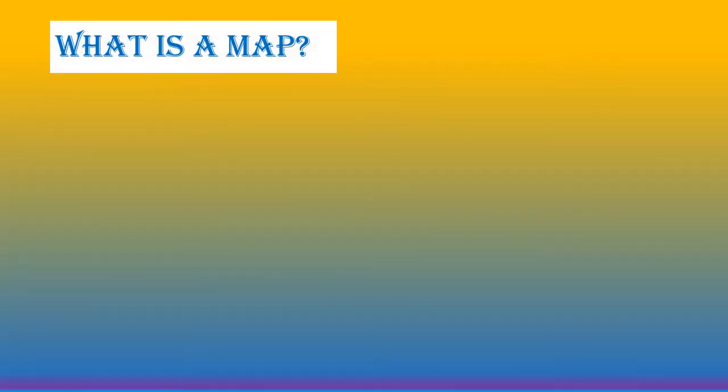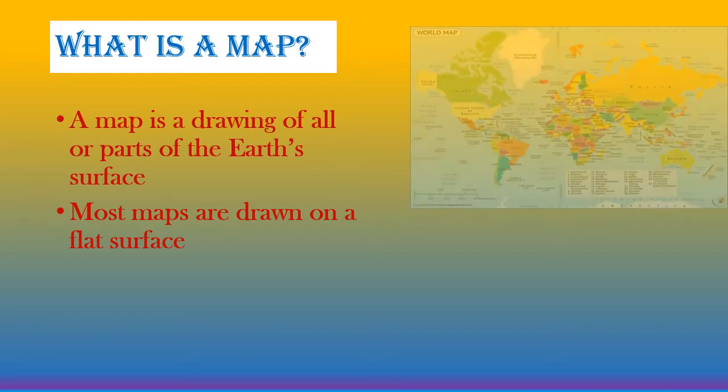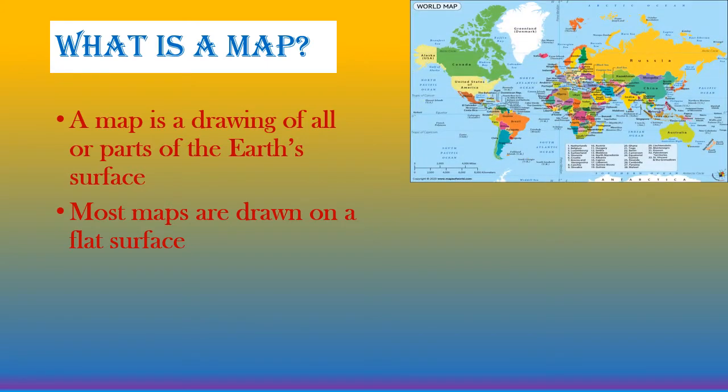So kids, do you know what is a map? A map is a drawing of all or parts of Earth's surface. Its basic purpose is to show where things are. Most maps are drawn on a flat surface. As you can see in this picture, this is the world map.